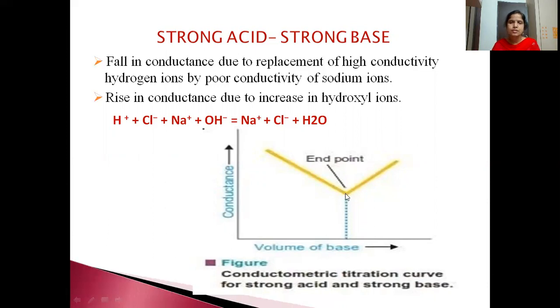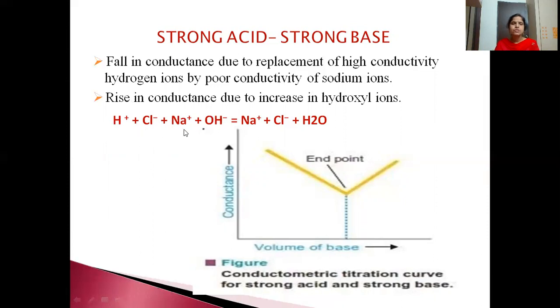After some particular point, we can notice that the conductance is increasing. Why is it increasing now? All the NaOH we have added has reacted with HCl. Now there are no HCl, that is H+ and Cl- ions, left over in the beaker to conduct the current.